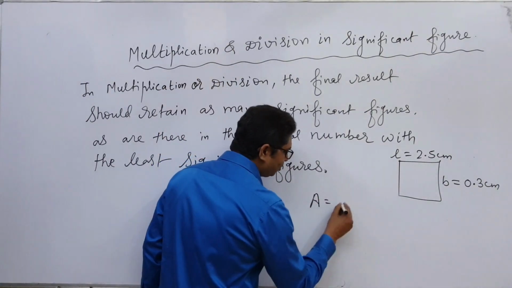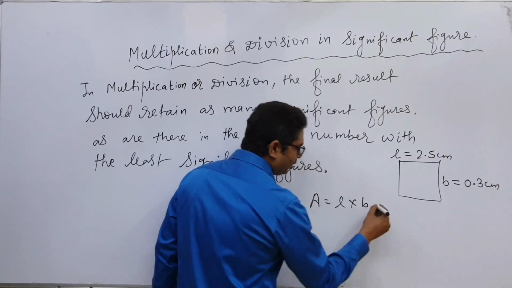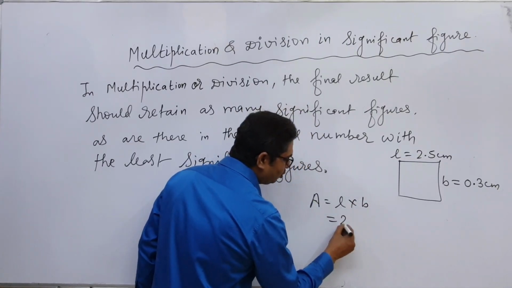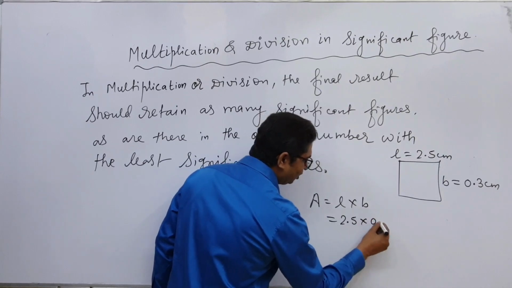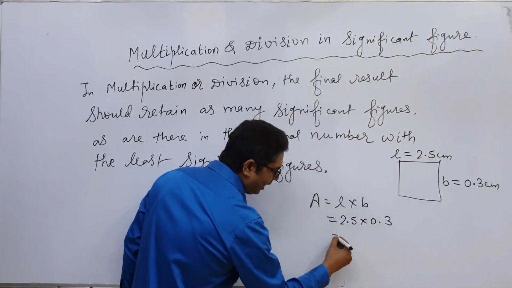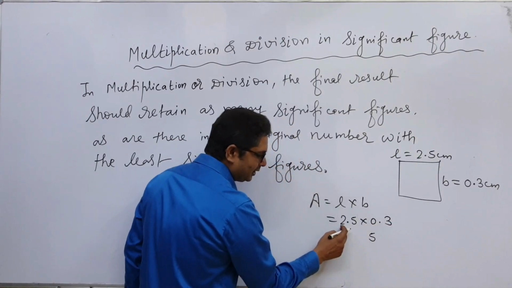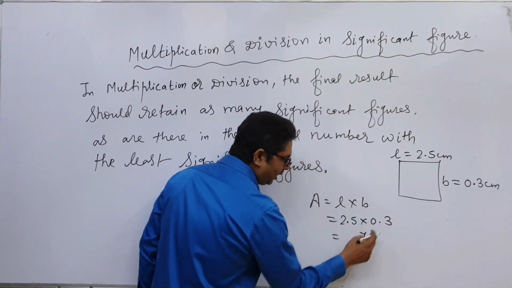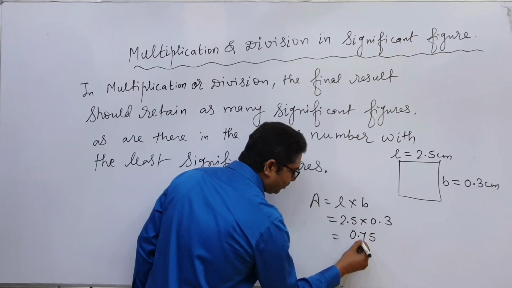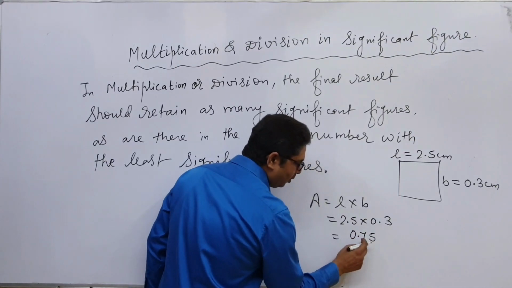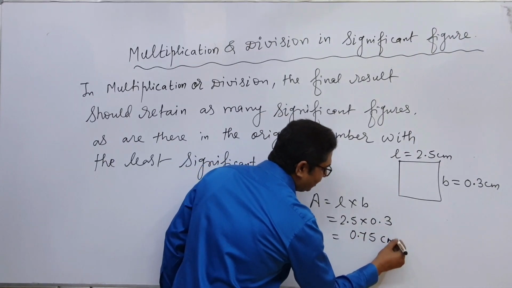Area A is equal to length into breadth. So here you have length 2.5 and breadth 0.3. So you have 3 into 5 is 15, and 3 into 2 is 6, and plus 1 is 7, and the decimal point should be written here. So the answer is 0.75 centimeter square.